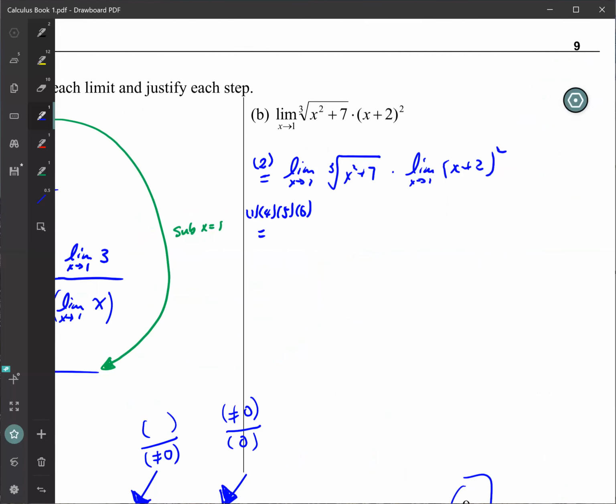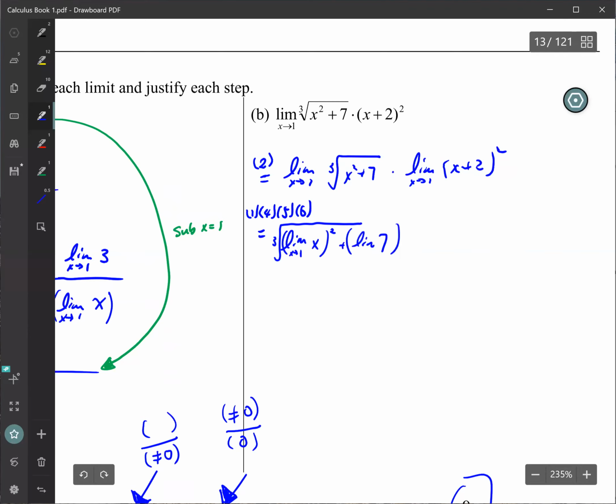Okay. So I expanded it, so it's probably longer, but it's cube root, and then it's limit x, and then bracket that, and then square on the outside. And then plus limit 7.